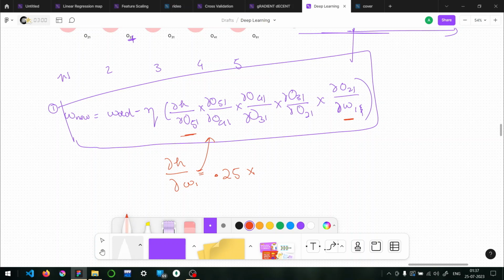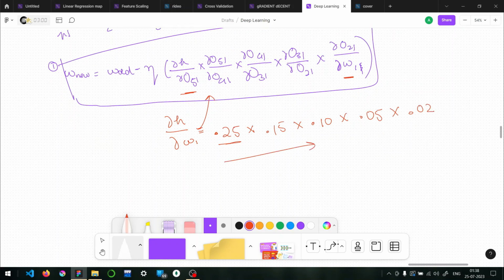The maximum value we have taken is 0.25, and we know that the value will be lesser than this in the regular order. The reason being, a sigmoid function is applied on every layer. If the result of the partial derivative of one sigmoid function is 0.25, then when we go to the next layer, we are not going to receive an amount more than 0.25. So in the next part, 0.25, then let's suppose 0.15, then 0.10, then 0.05, and after that comes 0.02. Now you can see it is clearly decreasing, right?